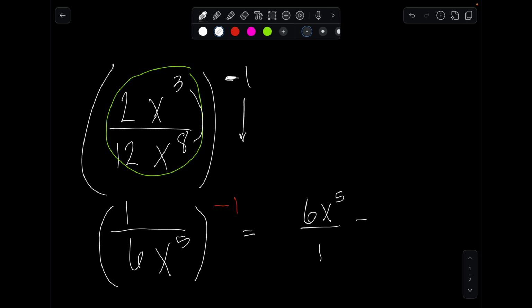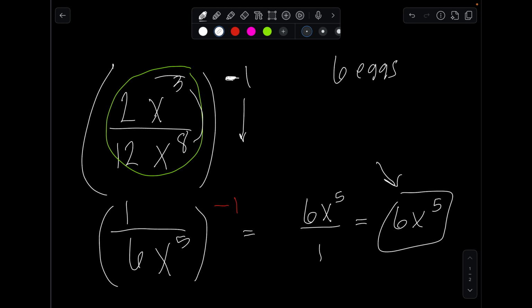There you go. The inverse of 2x cubed divided by 12 times x to the 8th power is 6 times x to the 5th power. Remember, you don't need this 1. We don't go around saying, hey, y'all, I bought 6 eggs divided by 1. That doesn't make any sense. Just say I bought 6 eggs, right?